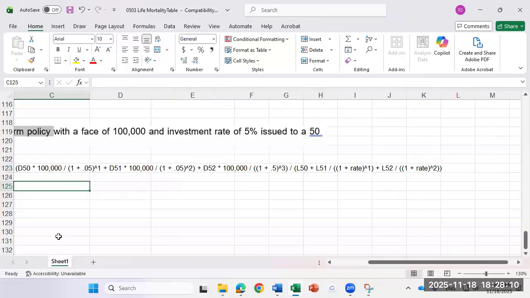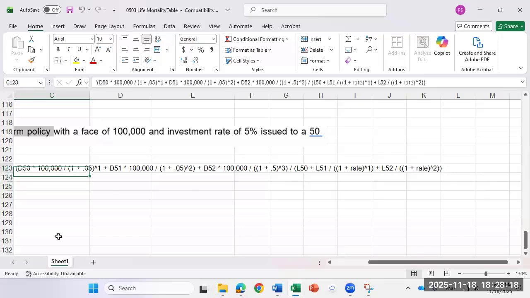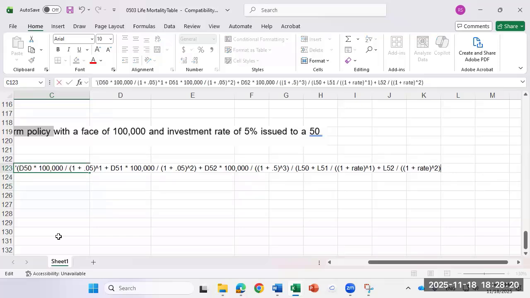Get really used to that format because you'll write it a few times on the exam. So you have 3 D's in the numerator, 3 L's in the denominator. And let me make it clear on the denominator, I use a different type of bracket. Oops, wrong place.